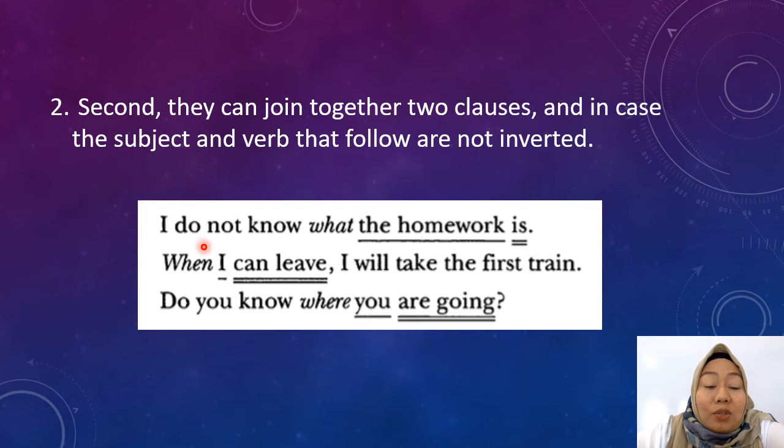What here plays the role as the connector, right? When it is a connector, then it is followed by subject and verb. So the subject and verb are not inverted.